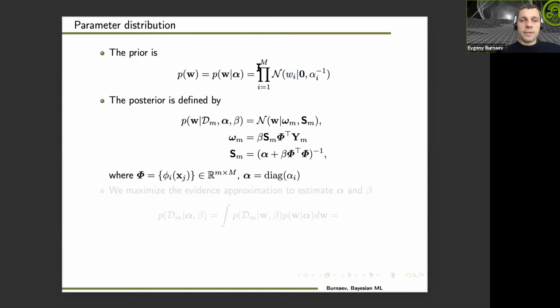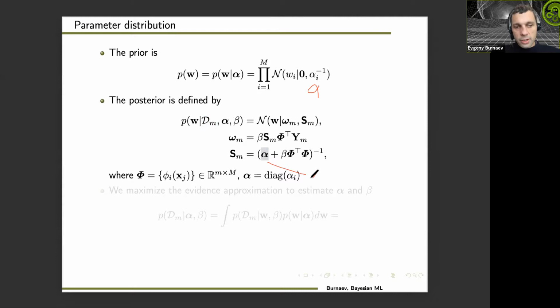And so what is the difference of this formulation with the formulation which we discussed yesterday? The difference is only in how the posterior distribution looks like. Actually, the posterior distribution is of the vector of parameters W given the data set. The posterior distribution is exactly the same. It is Gaussian. And the only difference is here. So yesterday, for all parameters w, we used the same hyperparameter alpha.